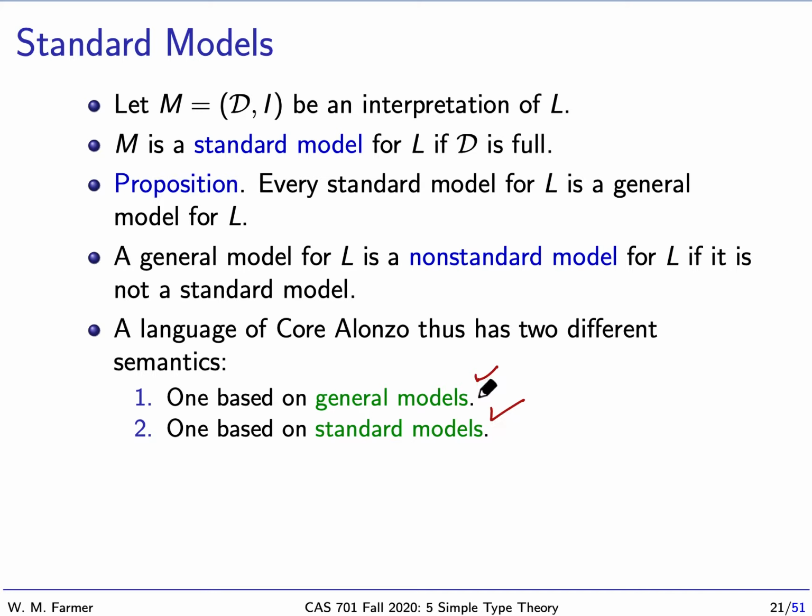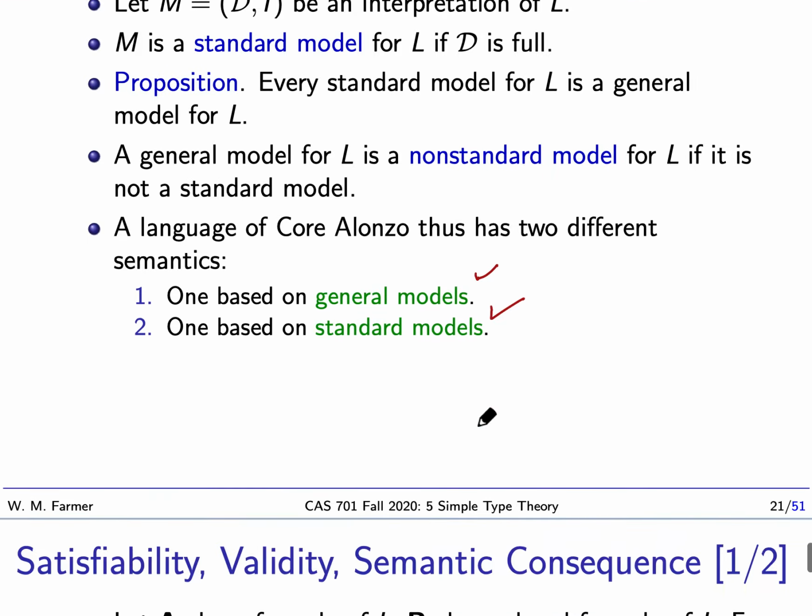But we'll see that in many ways it's convenient also to think of the semantics in terms of general models. When we think of the semantics in terms of general models, we have a semantics which is very much like first-order semantics. When we think of it with standard models, it's like higher-order logic semantics.